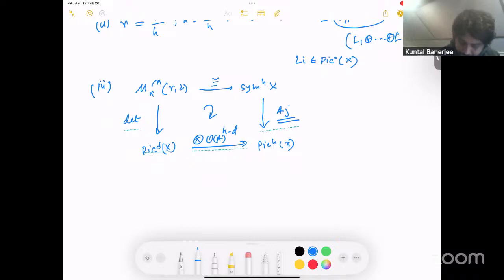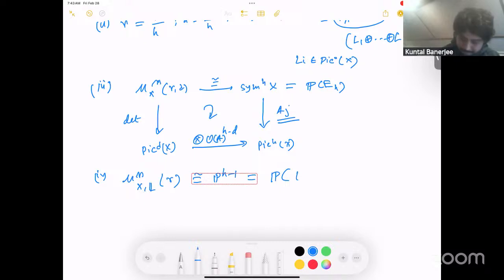Okay. And also this symmetric power of an elliptic curve is actually a projective bundle on the Picard variety of degree H, that is X. And this finally gives you the moduli space of semistable bundles with fixed determinant L, which is nothing but the projective space of codimension 1, the projective space of the global sections of the determinant of E, or you can write it simply as L. No, I'm sorry, not L. I mean L O times H minus D. Okay.